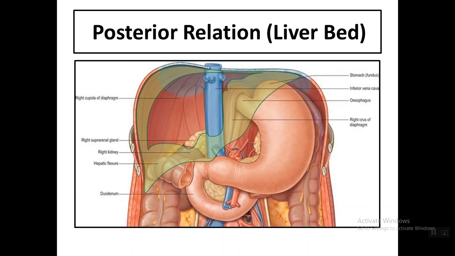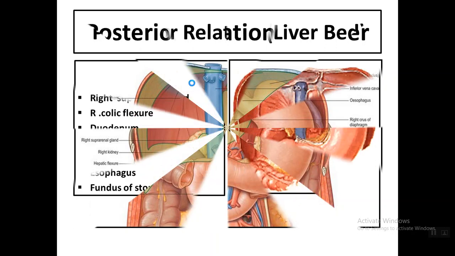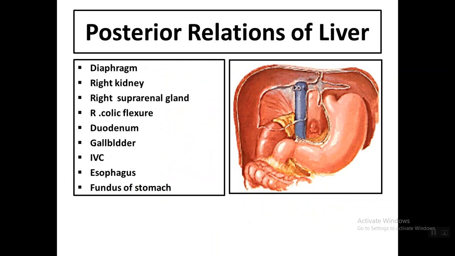While the posterior relation of the liver, or what we call the liver bed, that is the structures that the liver sits on, is the diaphragm, the right suprarenal gland, right kidney, right colic flexure, the duodenum, gallbladder, inferior vena cava, the abdominal part of the esophagus, and the fundus of the stomach.